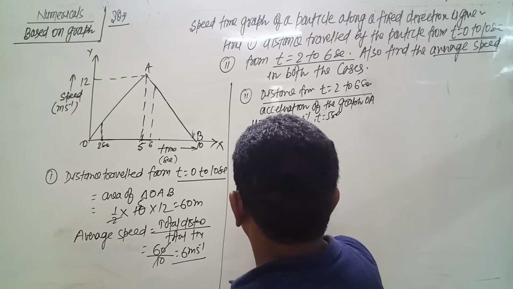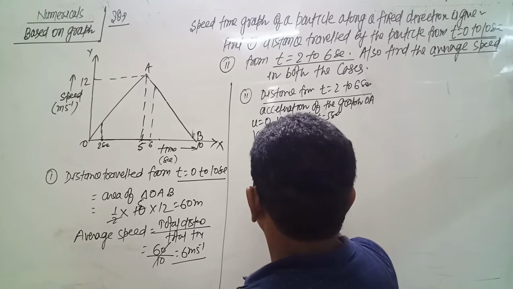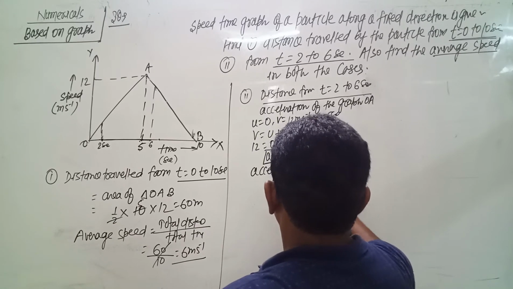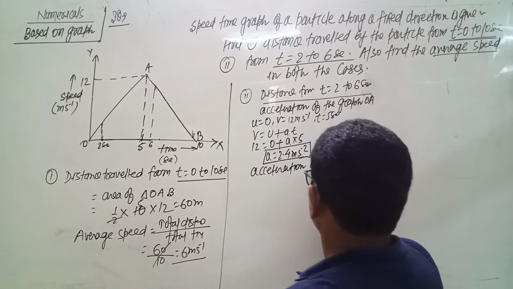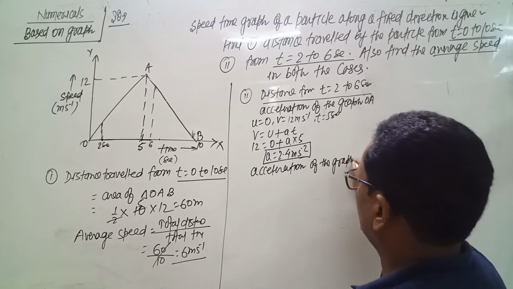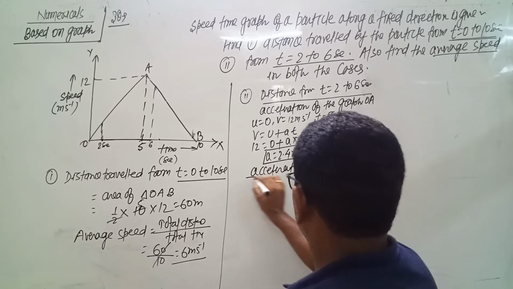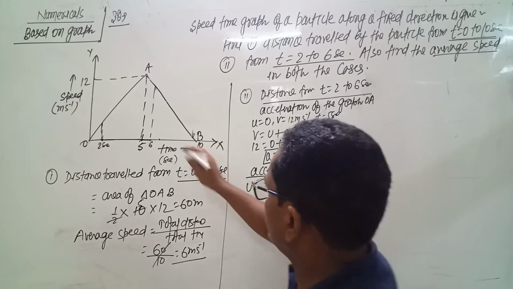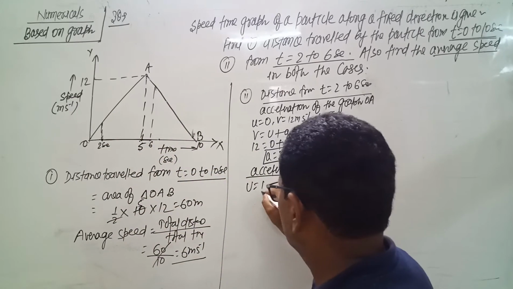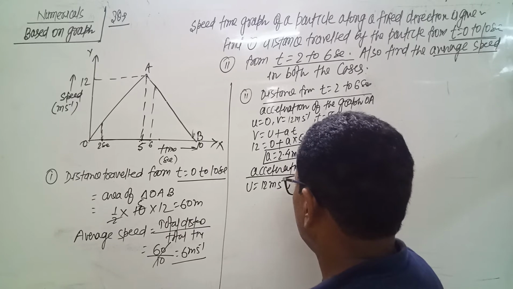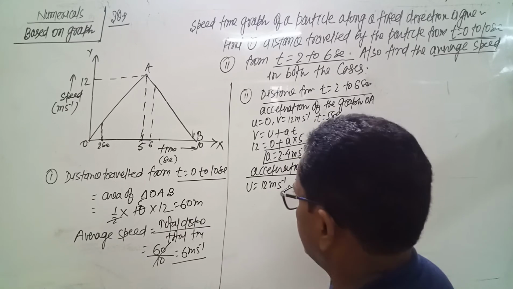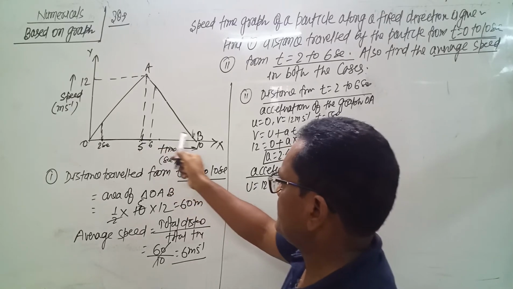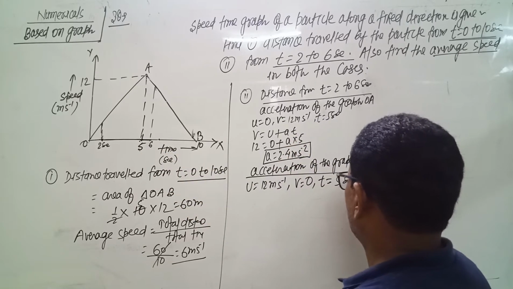Acceleration of the graph AB. In this interval AB, the initial velocity is u equals 12 meter per second, final speed v becomes 0, and time t equals, again from 5 to 10 seconds, 5 seconds.